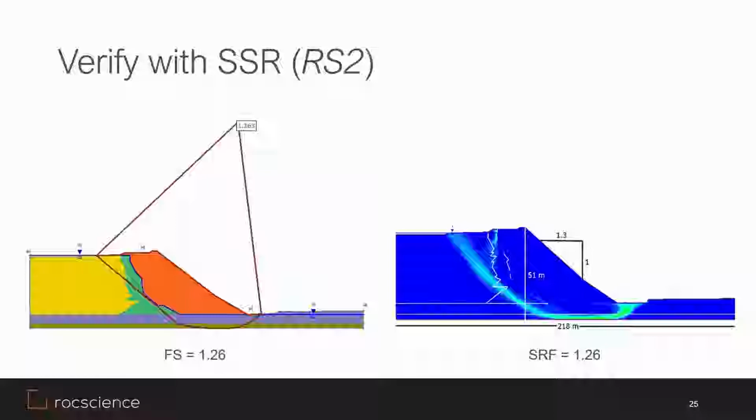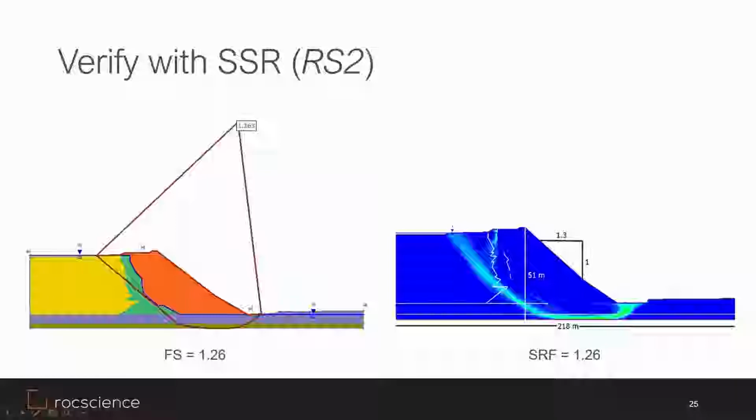We compared the deterministic factor of safety in Slide using surface altering optimization with the strength reduction factor in RS2 software using the shear strength reduction method. RS2 is our strong finite element software package that has a lot of abilities. One of them is slope stability analysis using the shear strength reduction method, as you can see here.